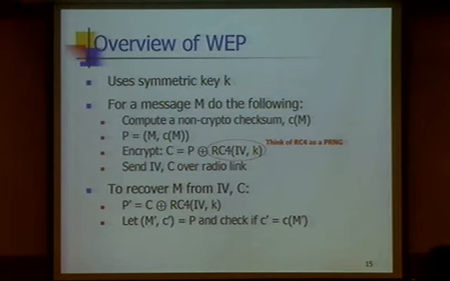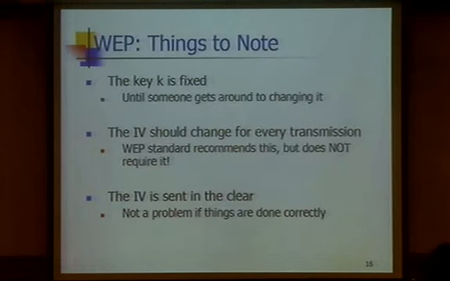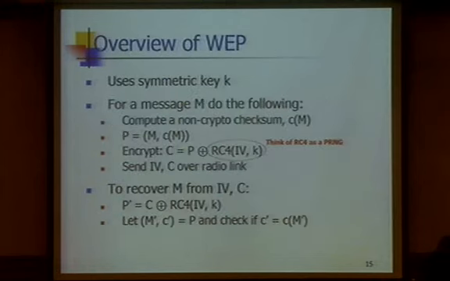This value K is a pre-shared key between two parties, and IV means initial vector. The key K is fixed in advance between two users, so it does not change.